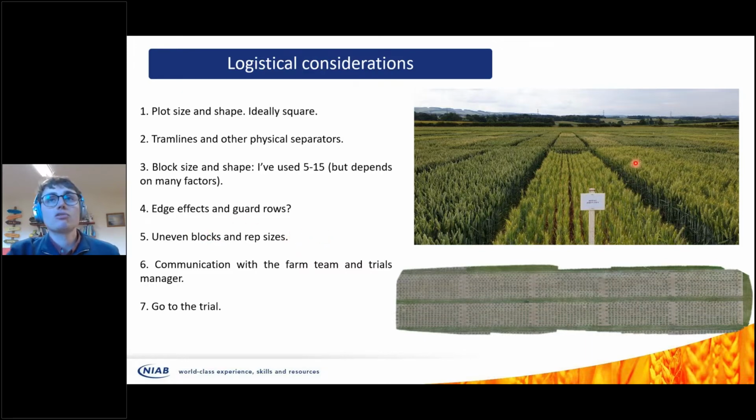In field trials, there's always discard and actual commercial varieties growing around the edge of the trial to reduce the edge effect too. Communication with the farm team and the trials manager is important. Make sure they know where plot 1 is in your trial when they're drilling it, so that it's not drilled back to front. Those are some key things to look out for.